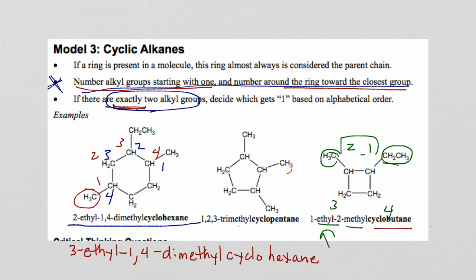And you can see the numbers. The 1 and the 4 are the same either way, but in the blue numbers that ethyl group ends up with a 2, and in the red numbers the ethyl group ends up with a 1. So since this is a lower set of numbers overall, this is the winner.